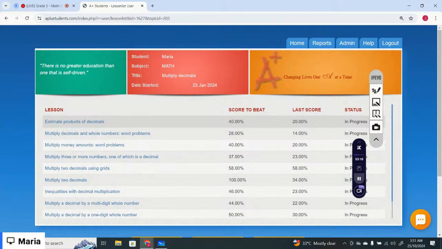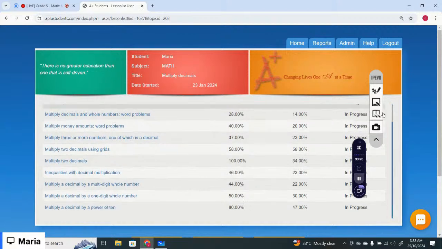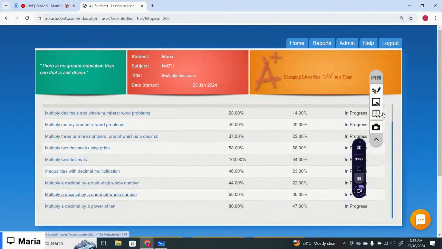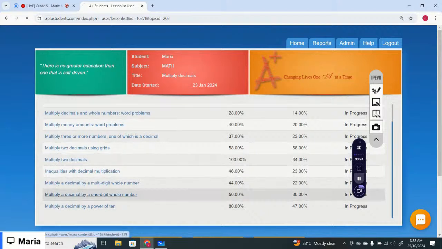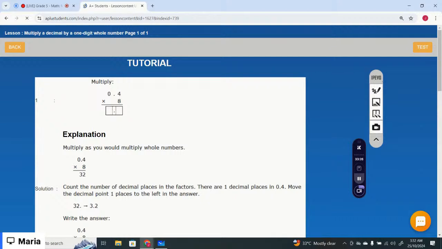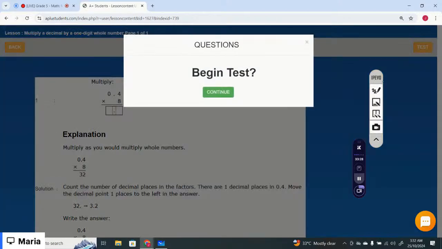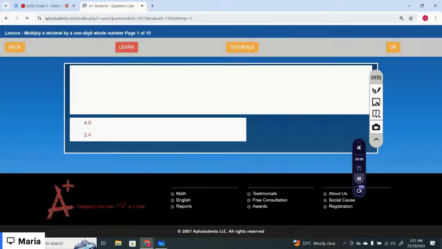The next lesson is multiply a decimal by a one digit whole number. Okay, so let's just start with the test questions. 0.8 times 5.